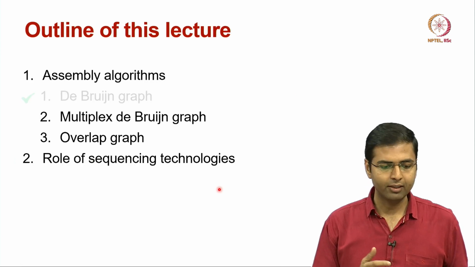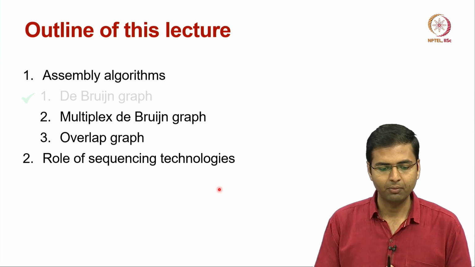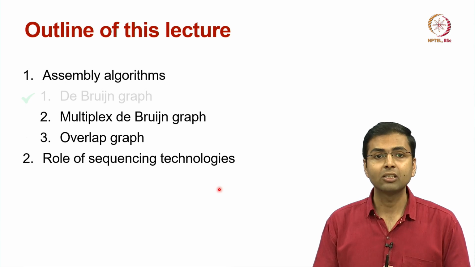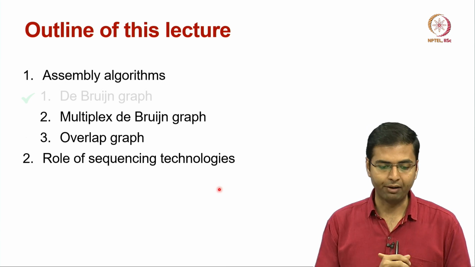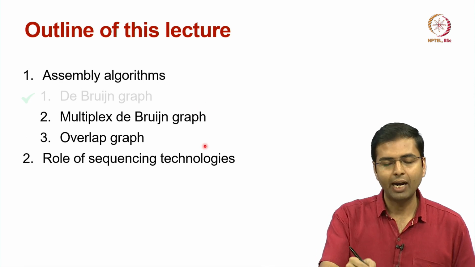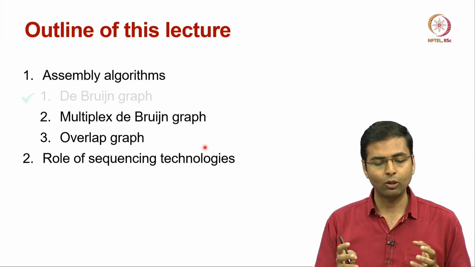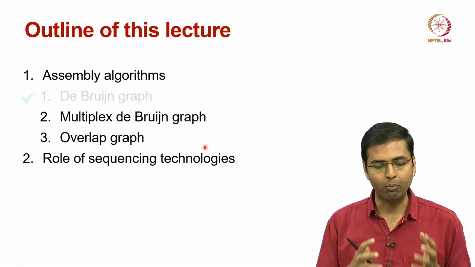Now moving on, in this lecture I want to look at two other common methods for genome assembly, that is multiplex de Bruijn graph and overlap graphs. After I discuss these two, I will close this lecture by also looking at the role of sequencing technologies for the genome assembly problem.